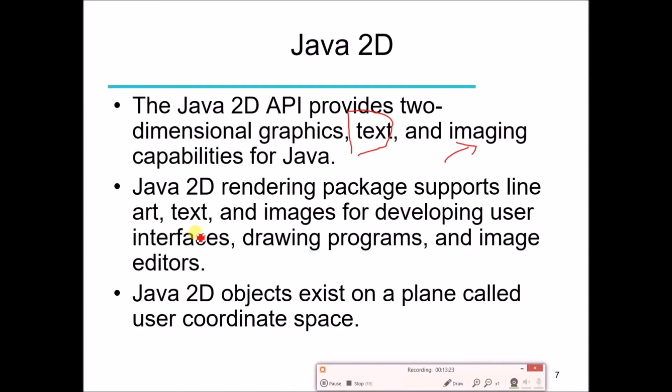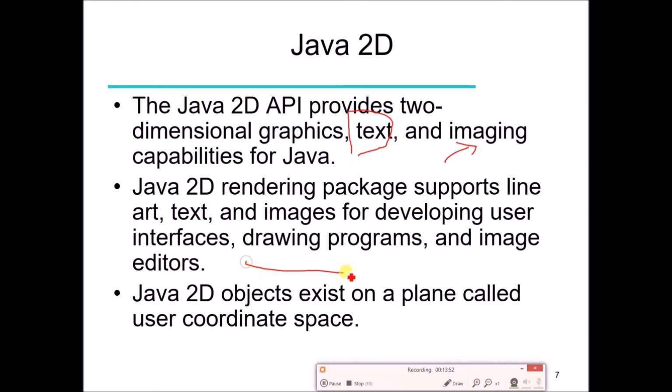We can even use Java 2D for image editors, performing different operations on images. We can show the image in one part of the interface and have the editing tools in another part. For example, we can change the color of certain parts, remove, crop, or insert other objects in the image.